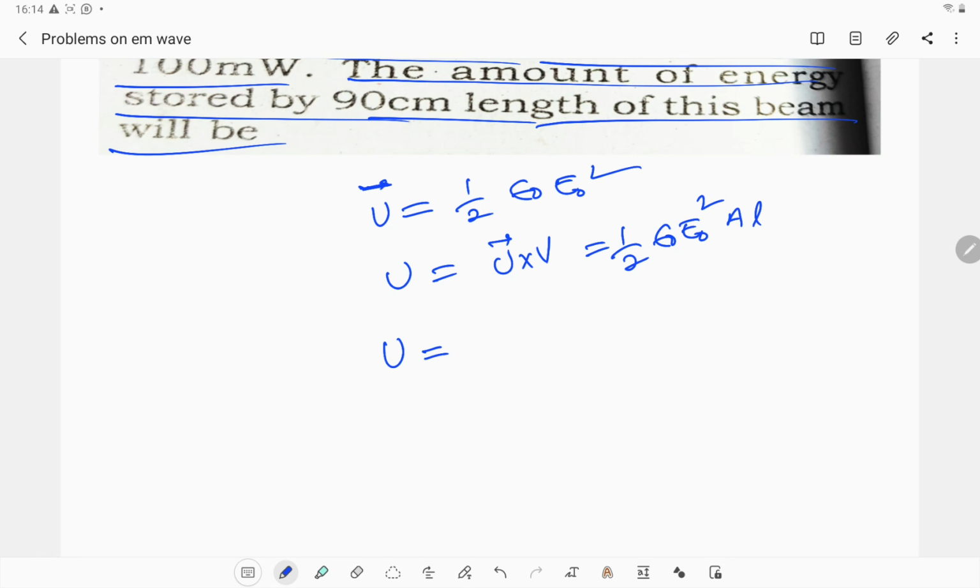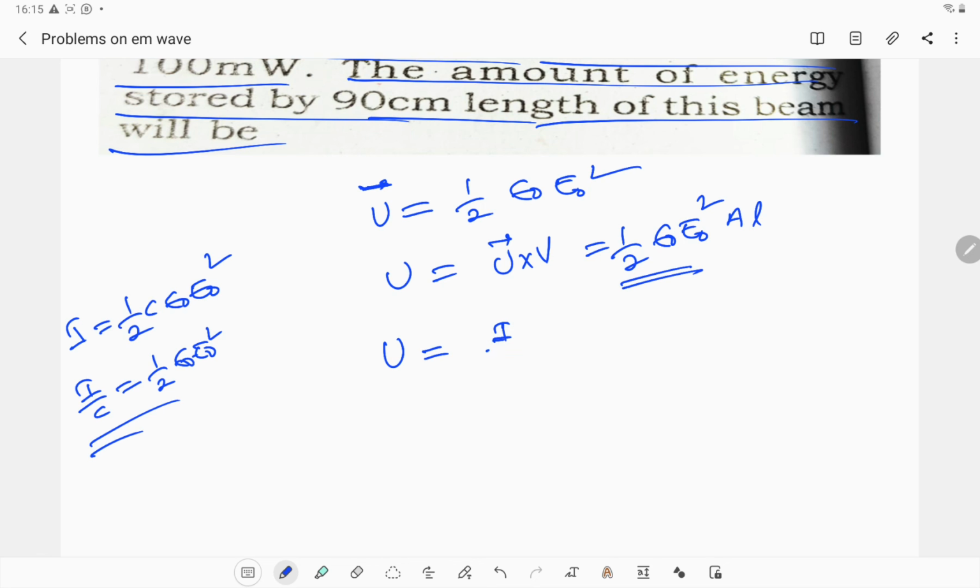But here intensity I is equal to 1 by 2 C epsilon naught E naught square. From this, I by C is equal to 1 by 2 epsilon naught E naught square. See, 1 by 2 epsilon naught E naught square is equal to I by C, into A into L. But intensity is equal to power by area, P by A C into A L. A and A get cancelled.